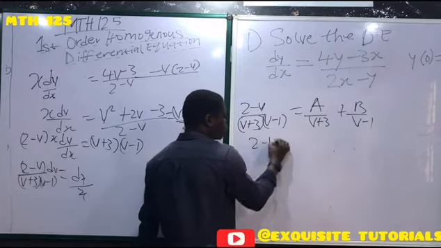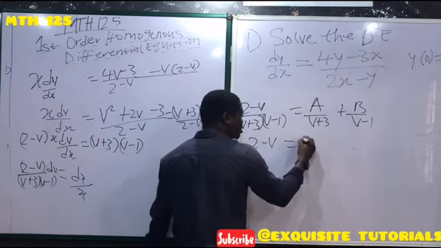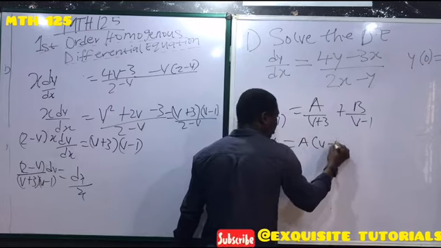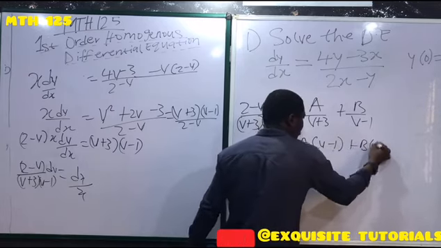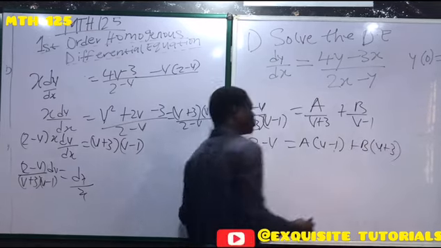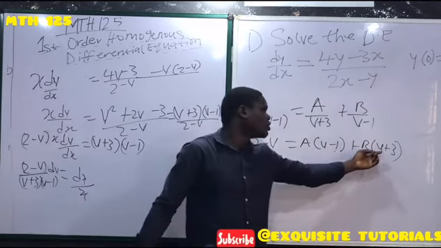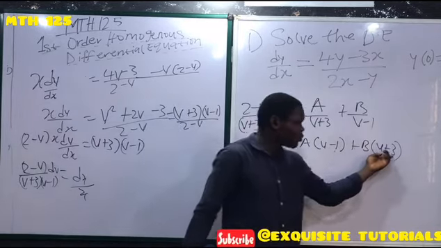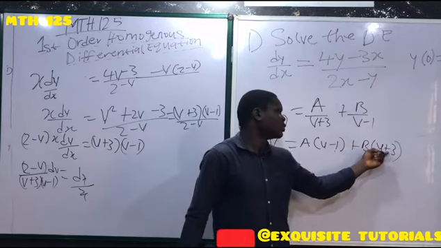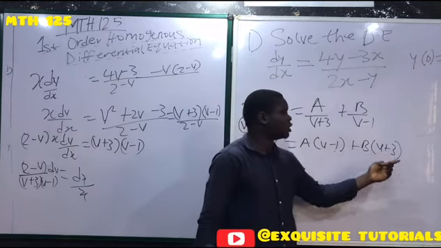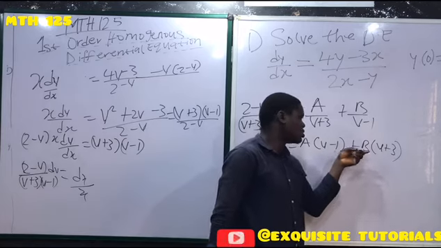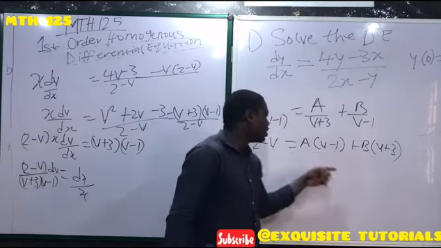So 2 minus v, if I multiply through by everything here, is a bracket v minus 1 plus b bracket v plus 3. Now, if I want to use the cover up method, for what value of v would this expression be 0? If v is minus 3, we have minus 3 plus 3, which is 0. 0 times b is 0, so the b is gone. We are left with a.